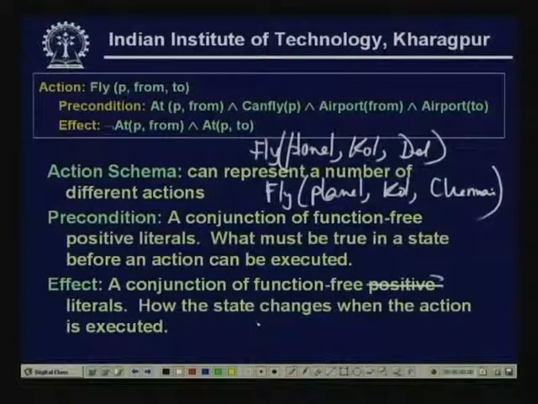And they together represent how the state changes when the action is executed. If I have a negative literal, it means that proposition is to be removed from the previous state to get the current state. If we have a positive literal, it means that proposition has to be added to the new state.